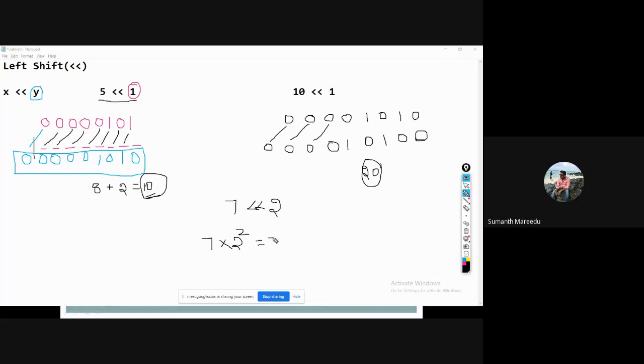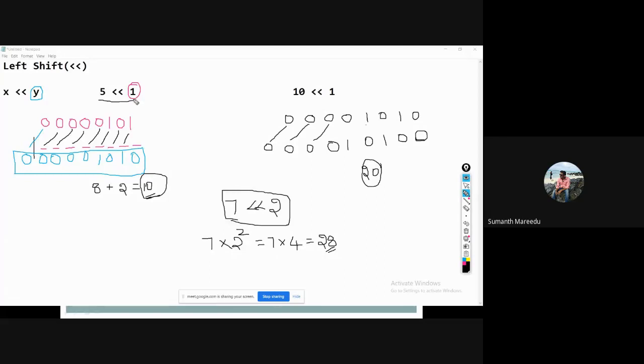So what is the value of 7 into 4? 28. This is what you will get when you apply 7 left shift by 2.